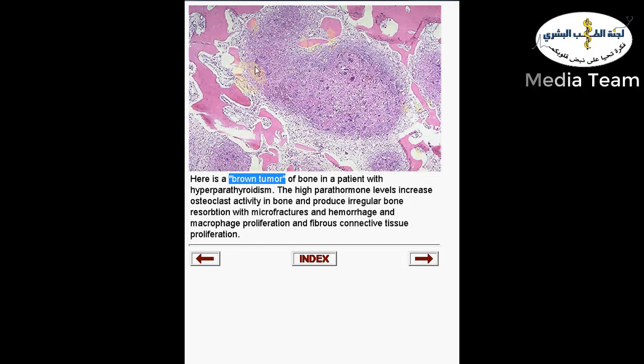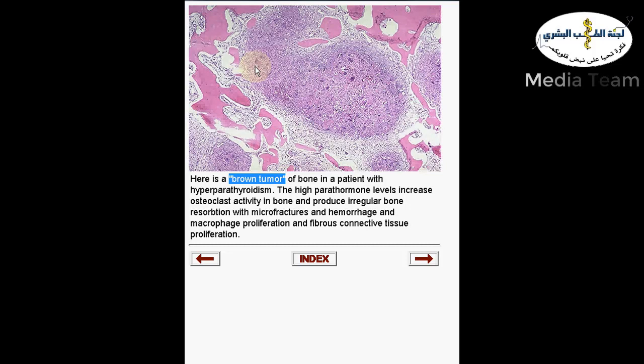Because of this destruction, we have hemorrhage inside the proliferating nodules of osteoclasts, and after a while this hemorrhage stays as hemosiderin inside the macrophages, and that's why they have the name brown. That's why they are brown in color.